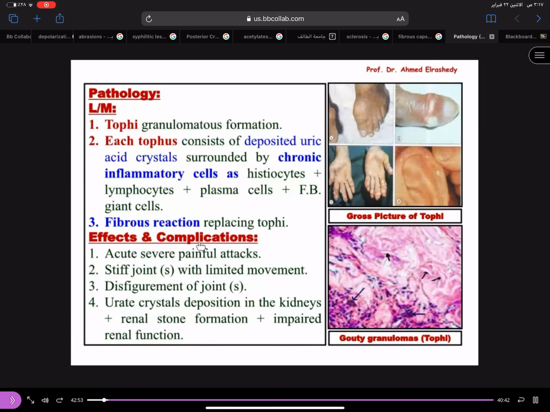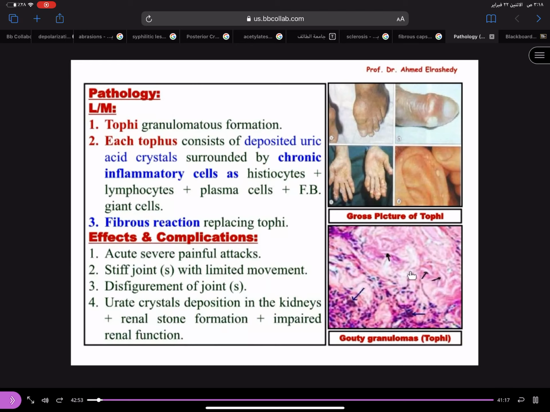This pain can settle down for a few weeks or few months, whatever the in-between period, but it can come again. When it comes again and is not treated, ultimately tophus will start to deposit under the skin. Okay, and the important complication is that renal stones can start to appear. Coming to the pathology, very simple: gross redness of the joint with overlying white skin; on light microscopy, tophi are there.